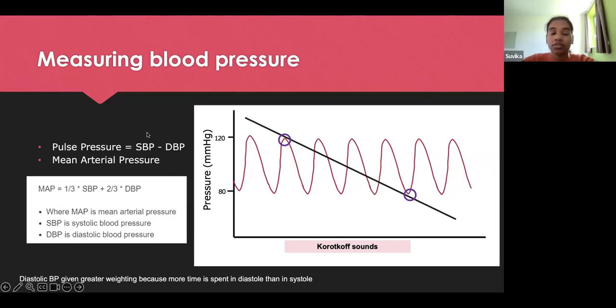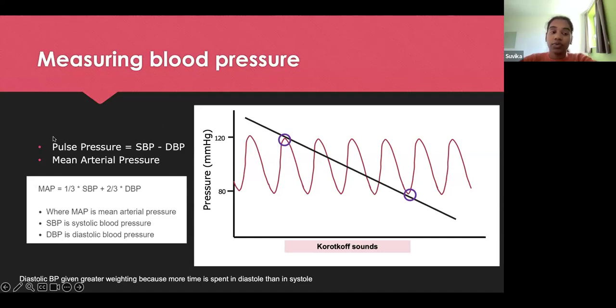Okay, so normal blood pressure is 120/80, and it's measured in millimeters of mercury. Pulse pressure is different because it's the difference between your systolic blood pressure and your diastolic blood pressure. So this person's pulse pressure would be about 40 because you're subtracting these two.